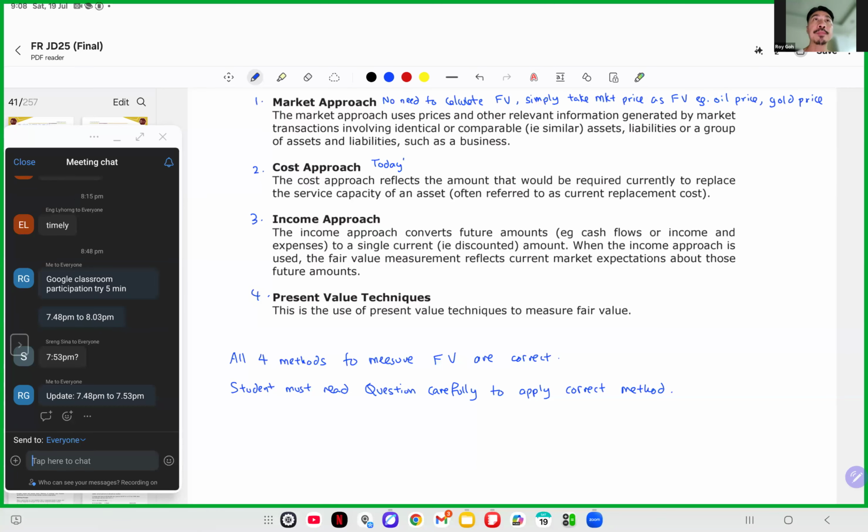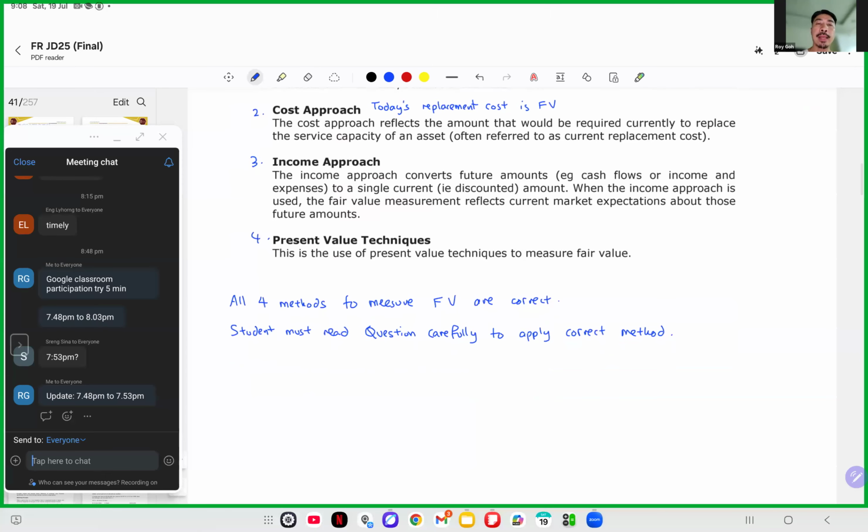Today's price to buy the same new asset, to buy the same asset, but the new one, yeah. Today's replacement cost is the fair value. If you need to replace, but if you are not going to replace the income, it can be the fair value is the present value.